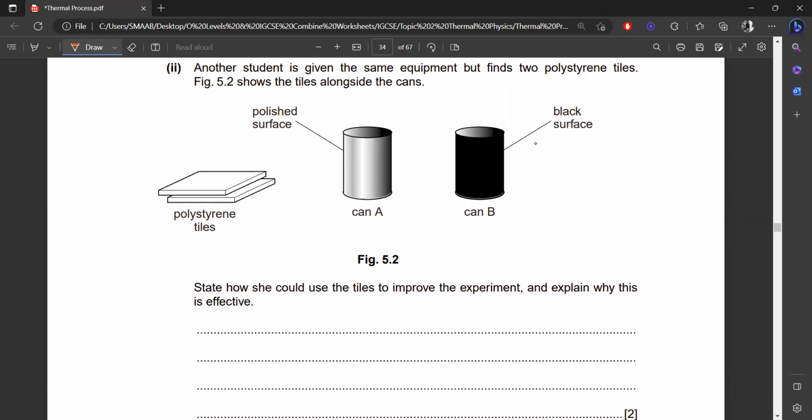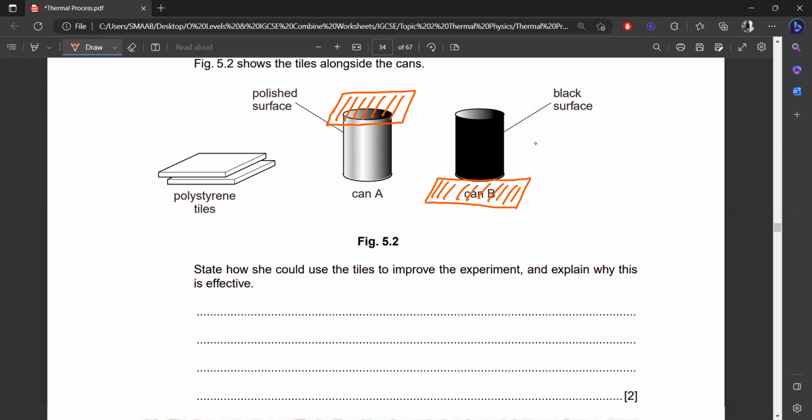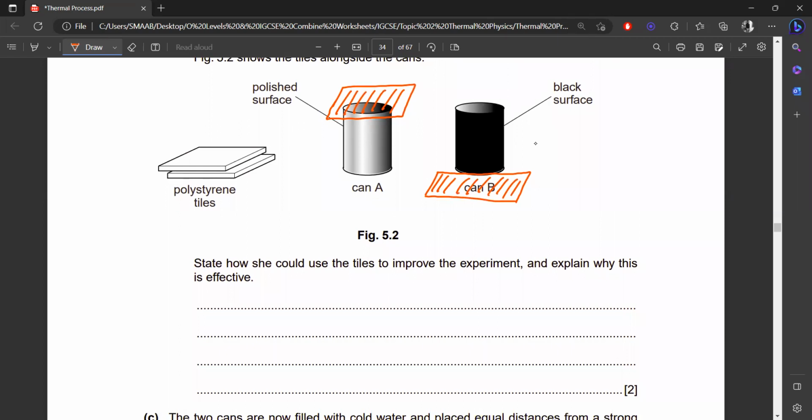Now if we place these tiles over cans A and B, it will reduce the thermal energy loss, right? We can also place them at the bottom, so that will reduce heat loss by conduction with the ground. So both are possibilities, right?